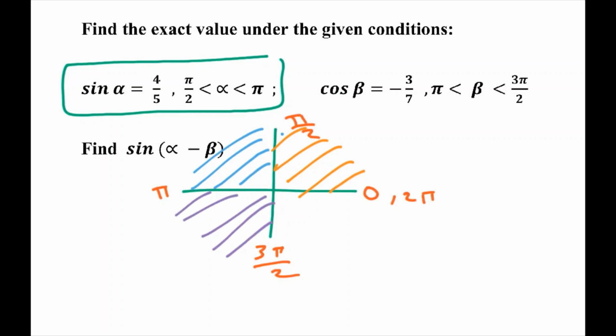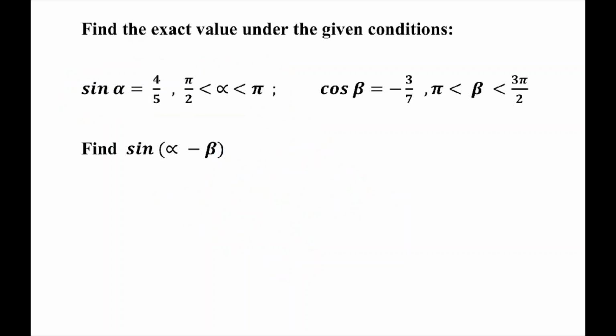And finally, 3 pi over 2 to 2 pi, that's the fourth quadrant, okay? So now, when it says alpha is between pi over 2 and pi, we're talking about quadrant 2. Now about beta. Beta between pi and 3 pi over 2, then that's quadrant 3.